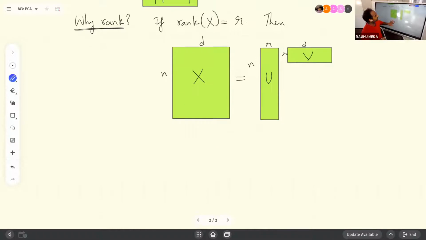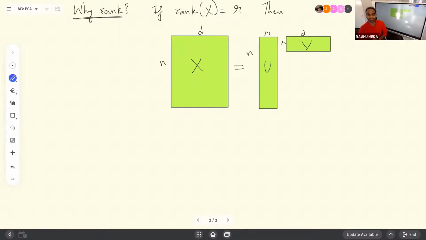Now, from this representation, one great thing is how many bits you need to even represent the matrix. So one advantage is compression. If I were to store the matrix X as is, how many numbers do I need to store? I need to store n times d numbers to store X as is, right?